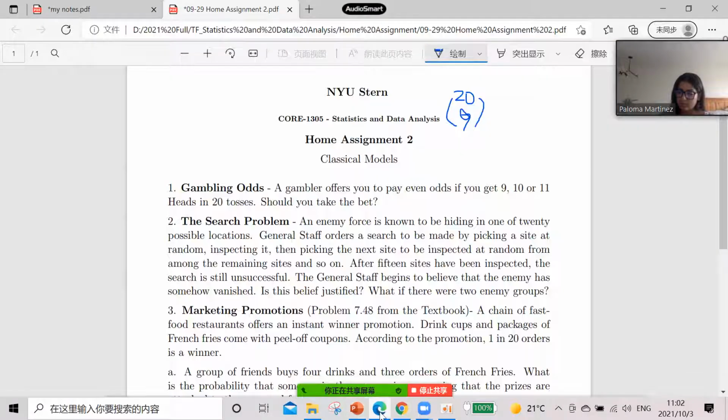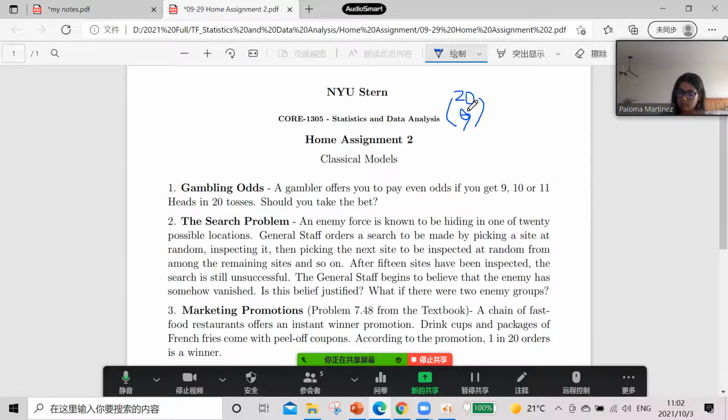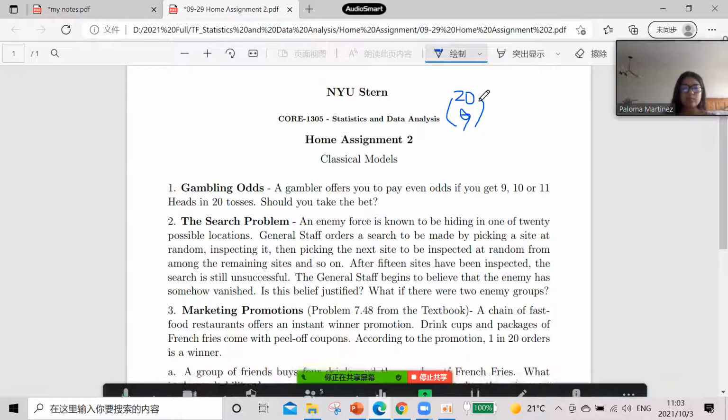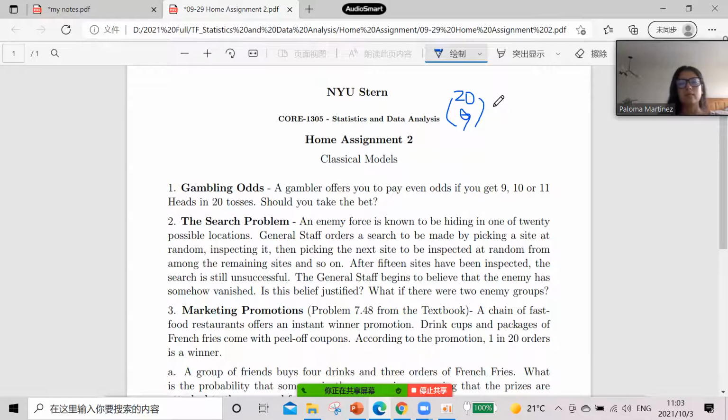And now what I want to find is how many sequences in total. Here is my way to find how many sequences in total. If you just want to plug in the number, my hint was that it is 20 factorial divided by 11 factorial times 9 factorial. 11 is just 20 minus 9.